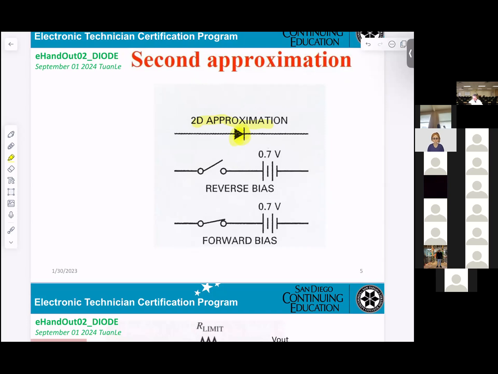Then in your circuit you have to substitute the diode by a 0.7 volt battery. If it's on, to solve the problem you must substitute the diode by the battery. This side will be positive, this side will be negative.